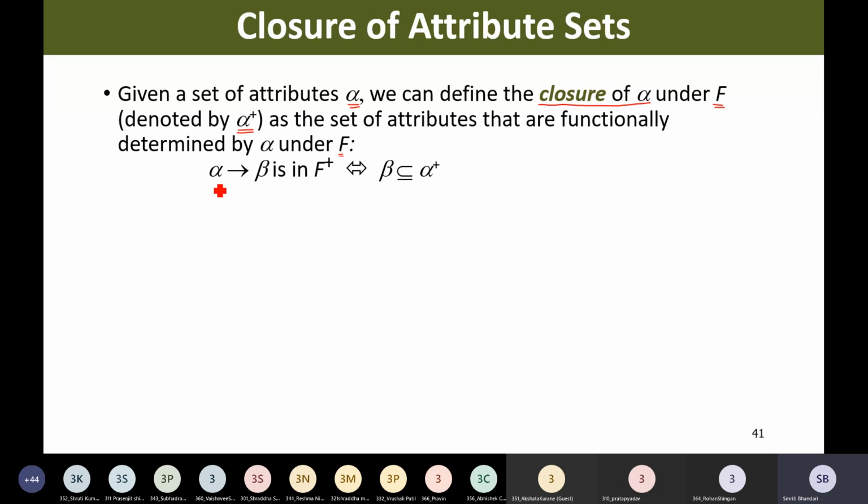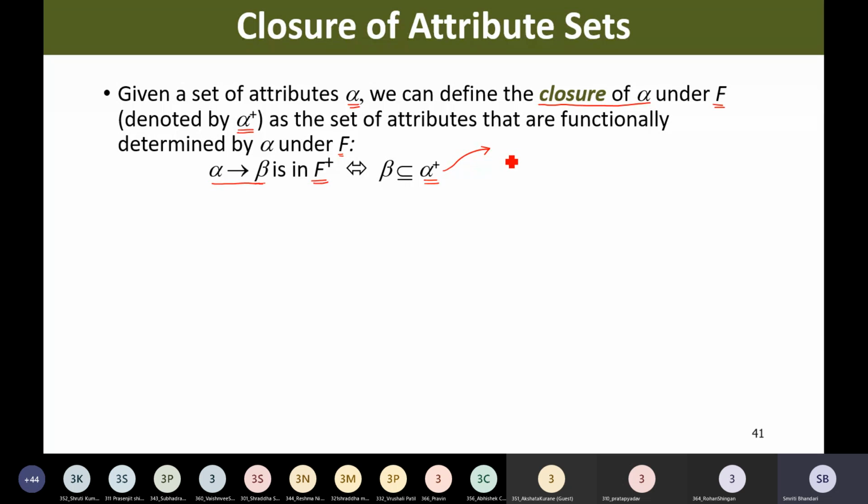What does this mean? See, alpha to beta is in my F plus. What does it indicate? Alpha determines beta. What does it indicate? Beta is a subset of alpha plus. So what is this alpha plus?